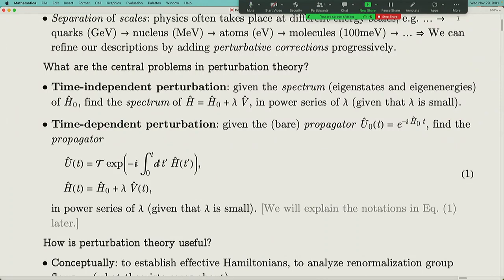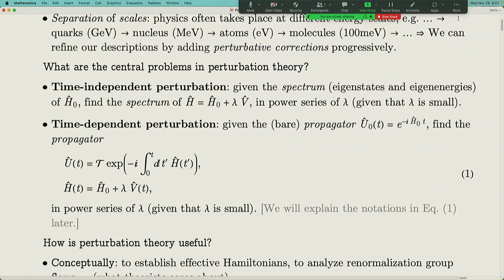This perturbation is supposed to be small, meaning that this lambda, which is a coefficient in front of whatever other operator is added to the Hamiltonian, is supposed to be a very small number. Because of that, you can think of it as a Taylor expansion of a function.